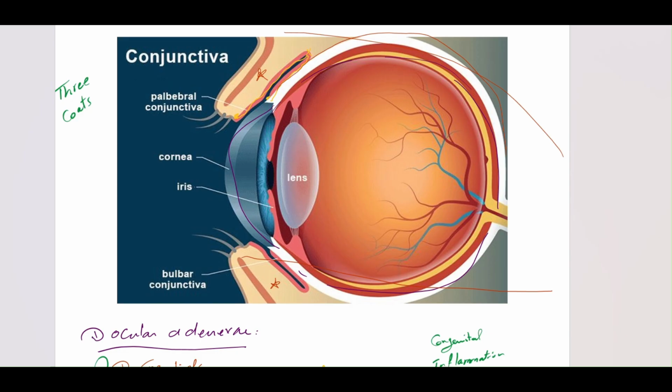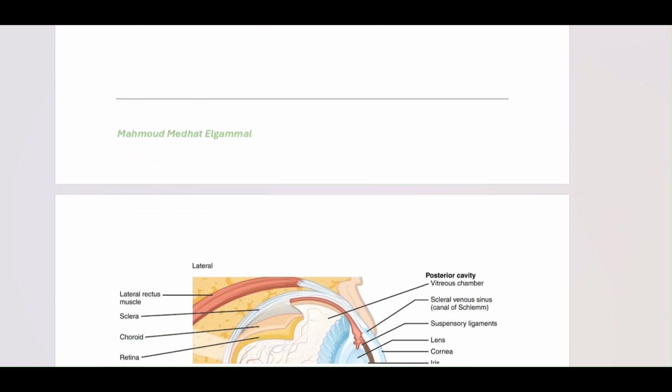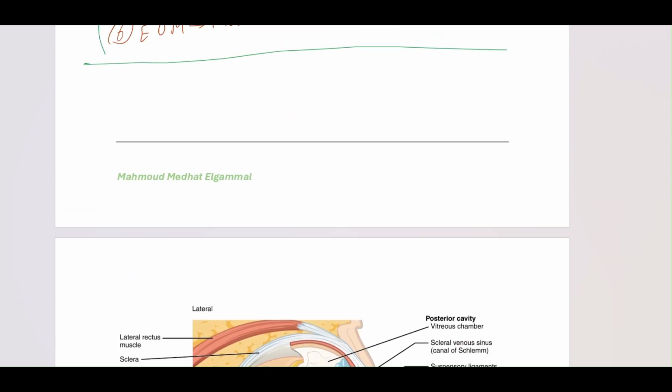The outer coat is called the outer fibrous coat. The fibrous coat forms of anterior 1/6, this is a cornea, and posterior 5/6, this is a sclera.